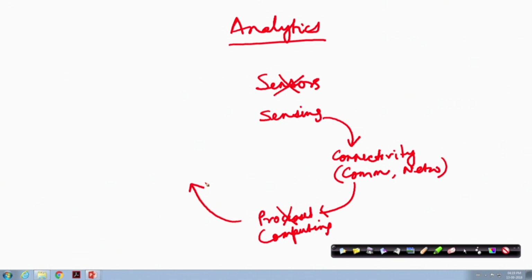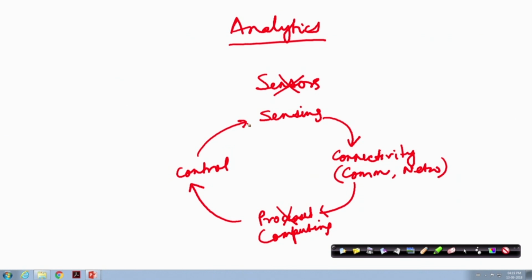And based on this processing, in most of the industrial applications, a feedback control will have to be created for feeding the signals to the source of the origination of the data. That means these machinery fitted with the sensors.